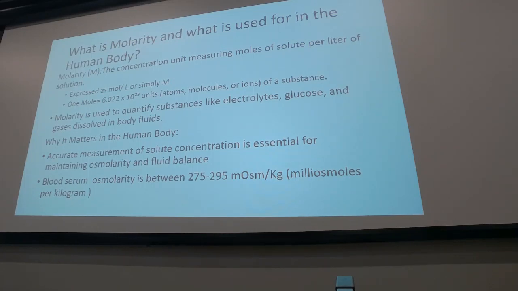That makes you feel thirsty. That pulls water from your cells, that dehydrates you. And that triggers the thirst mechanism so you can start drinking water. And again, everything is based on this unit, 6.022 times 10 to the 23rd, Avogadro's number.